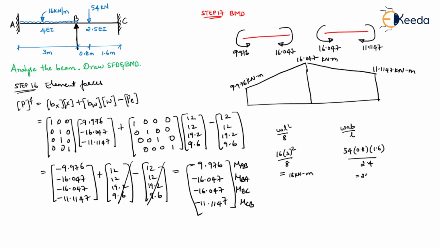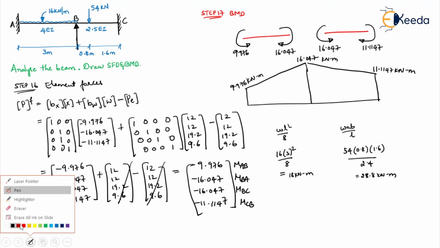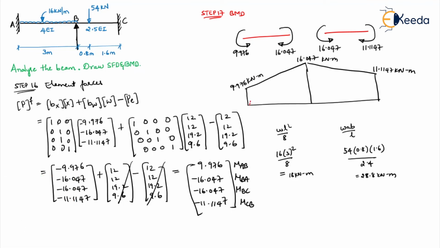This is 28.8 kilonewton meter. So here it is a UDL, parabola, 18 kilonewton meter, and here it is a point load, so it will be linear. This is how much? 28.8 kilonewton meter.